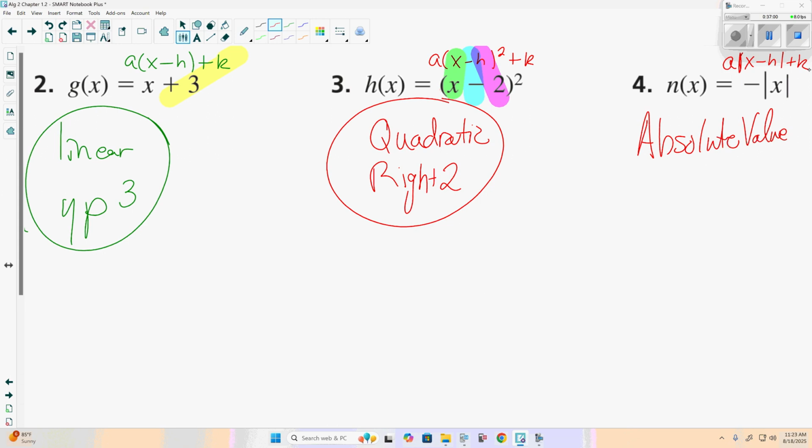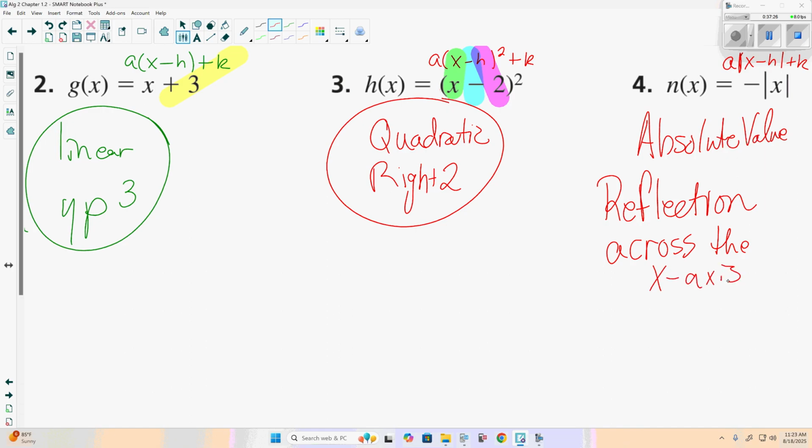Now, I will point out that it's talking nothing about the value of a. It's just saying, is it positive or is it negative? If it's negative, it's a reflection across x. Doesn't matter what the number is, is it negative? Since it's negative, we have a reflection across the x-axis.